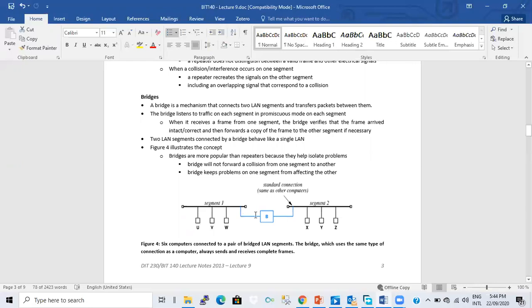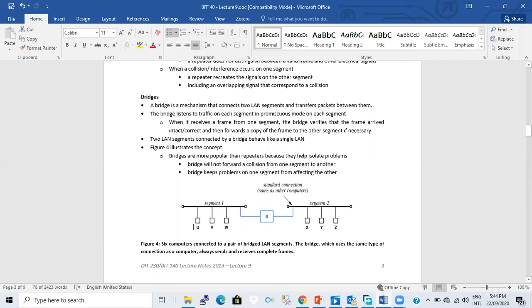So it will send and then know to say, okay, on this side, I have W with a MAC address of A, B, C, D. On segment 1, I have machine V with a MAC address of this, machine U with a MAC address of this, the same as this side. So as it comes on, it will know the MAC addresses of the machines that are connected on which segment.